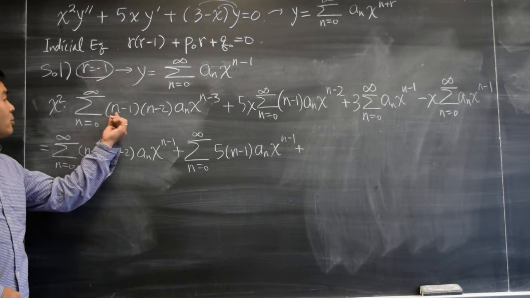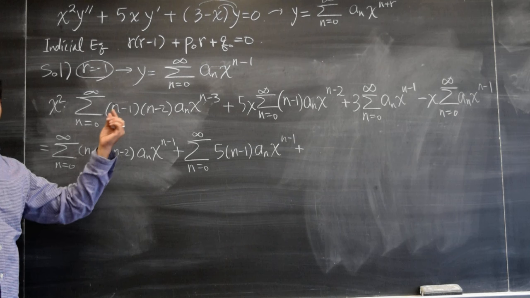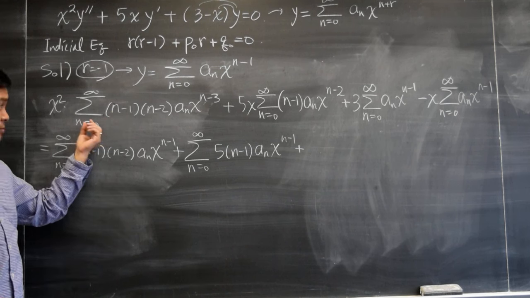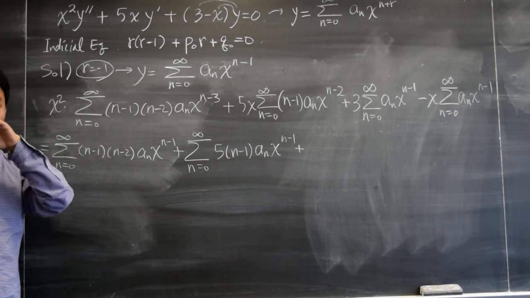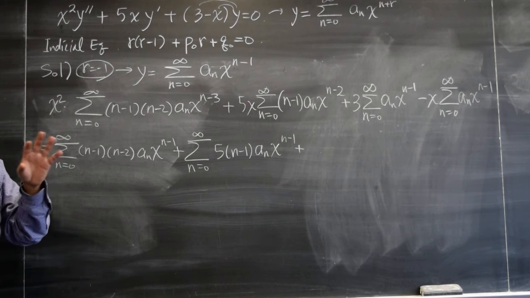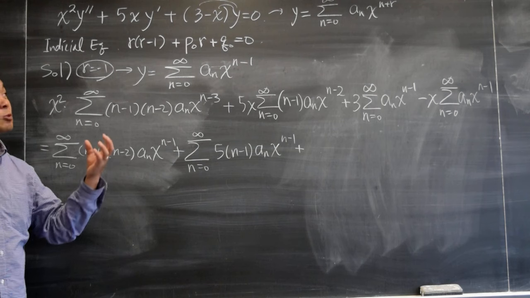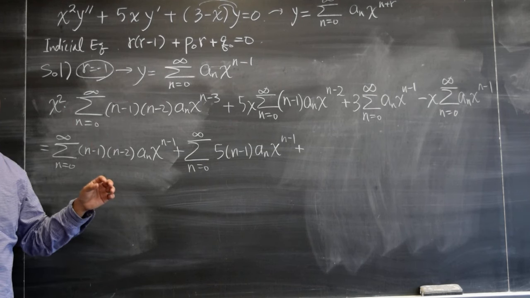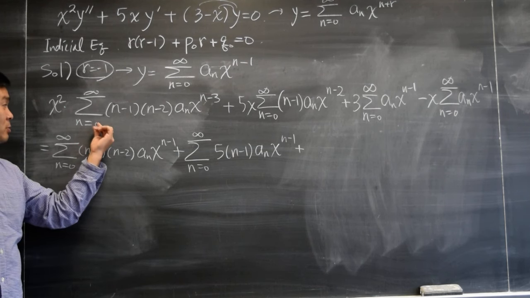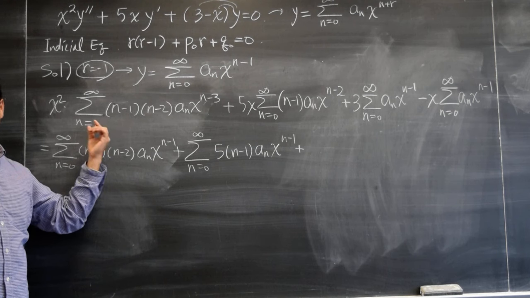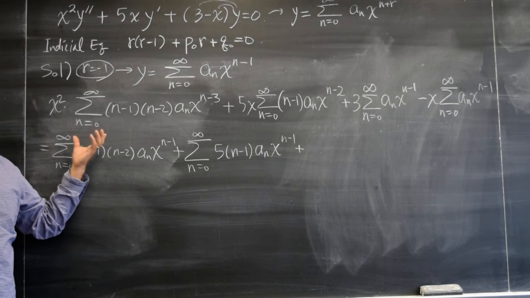If you plug in 0, these don't become 0 at all. So contrary to the case when we were doing the regular power series ones, where whenever we differentiated, we made the n start from 2 or 1, that doesn't work here.